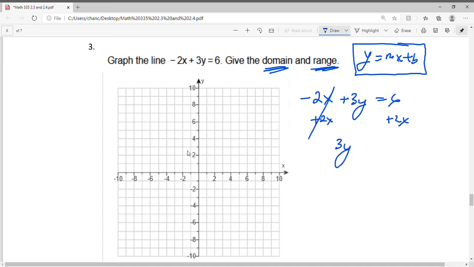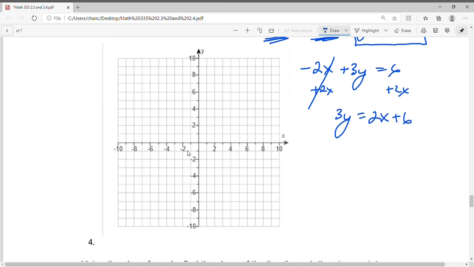I have 3y equals 2x plus 6. Now we just need the y by itself. Let's divide everything by 3. We have y equals 2/3 x plus 2.